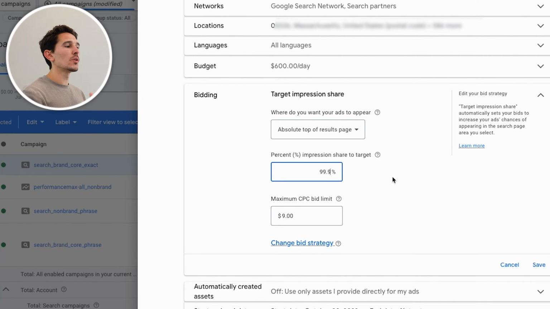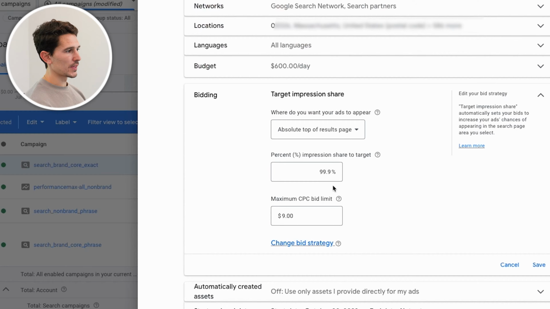Here's why. You're going to show up for the most relevant people at the most relevant times when you're at 95%. If you go upwards of 95%, like in this case, the 99.9, we're basically saying, hey, it's okay if someone's not as relevant and we don't actually need to show up for them. So the 99.9 is extremely aggressive and it doesn't work like a perfect linear scale. That's super important to recognize here.